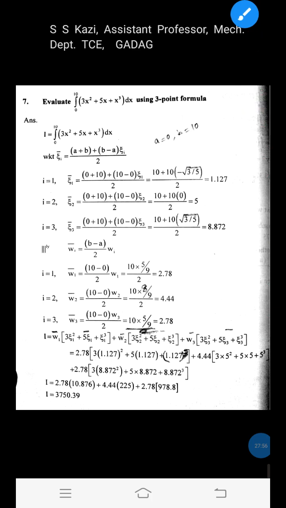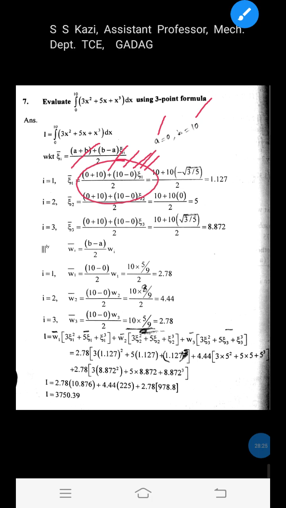Now first we calculate the sampling points and sampling weights by using the formula that we have discussed in the previous page. Zeta 1 bar, that is x1 bar, is equal to a plus b by 2 plus b minus a into zeta 1 divided by 2, where a is 0 and b is 10.